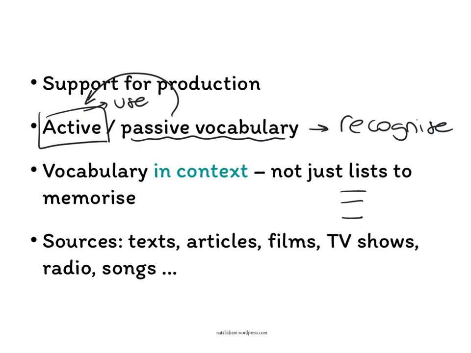But if you really want meaningful context and learning that lasts in time, you should write down those expressions in a sentence, in a context of use. Okay. And as we've been saying, you can get lots of vocabulary from written texts, articles, films, TV shows, songs, radio shows, you name it. You have lots and lots of options.